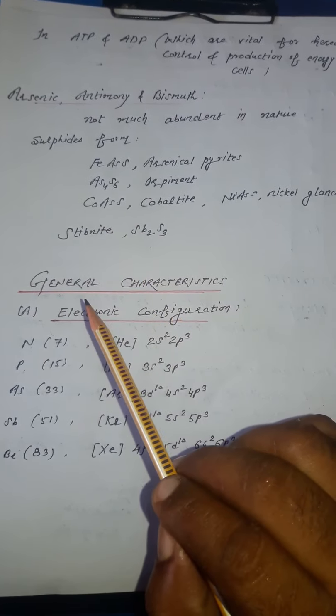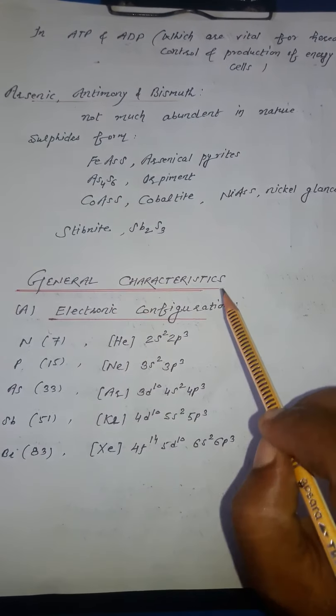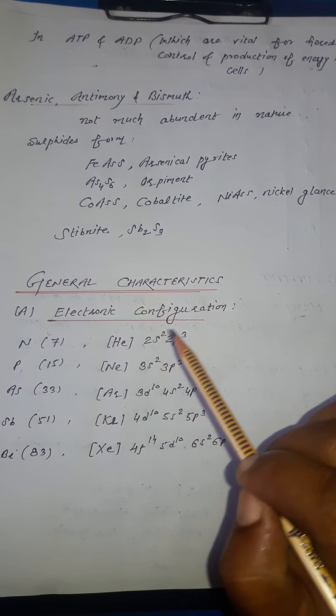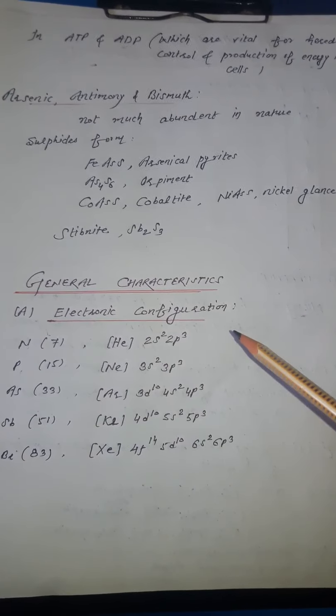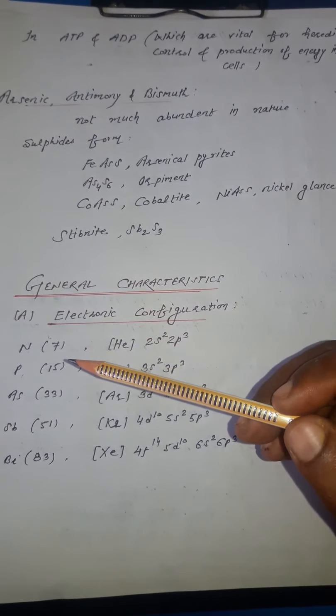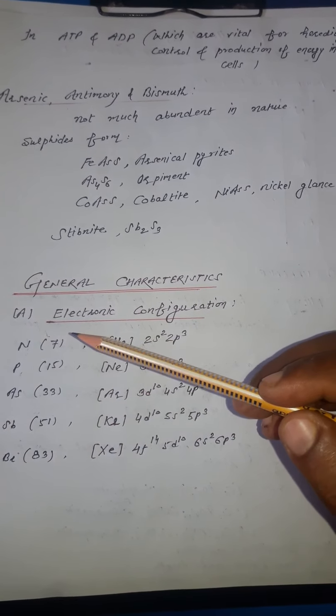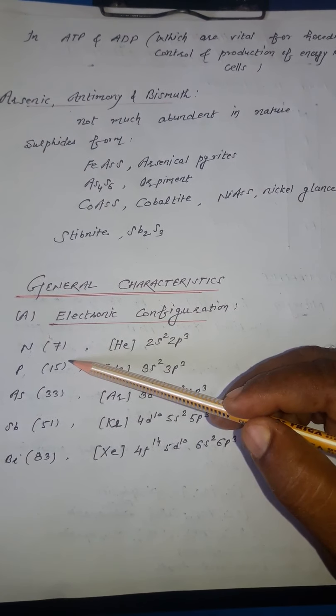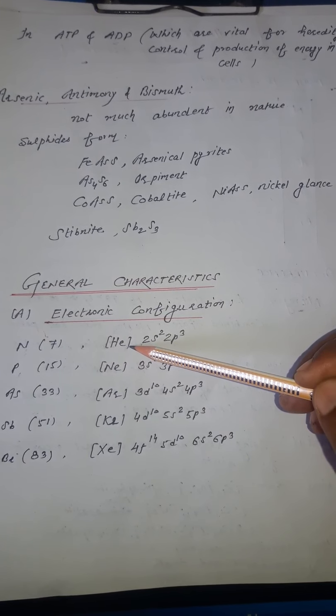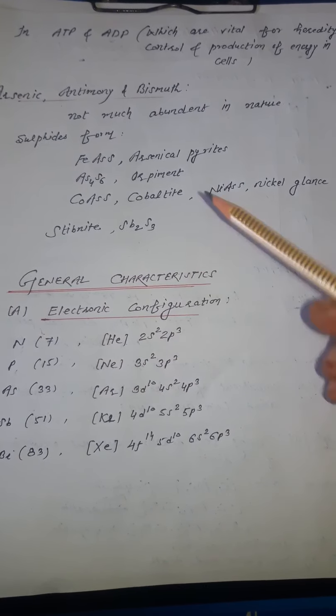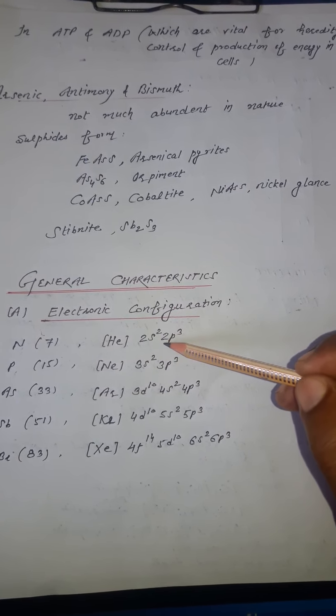After that, next we have general characteristics. In general characteristics, first we take the electronic configuration. You know how to write the electronic configuration along the group. If you know the atomic number and the previous noble gas electronic configuration, you can easily write the noble gas electronic configuration.